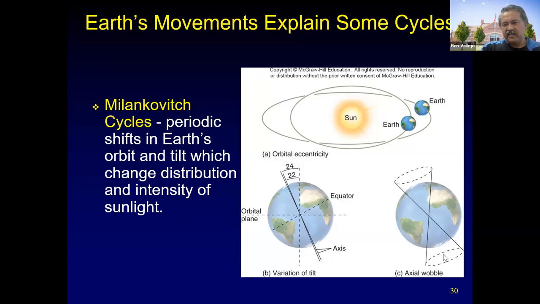As you can see here, it says axial wobble, and in this diagram you can see that the Earth may be closer or further from the sun. It's not a perfect elliptical orbit that doesn't change. It does have some movement to it. So these would also explain some of the climate patterns that we have.